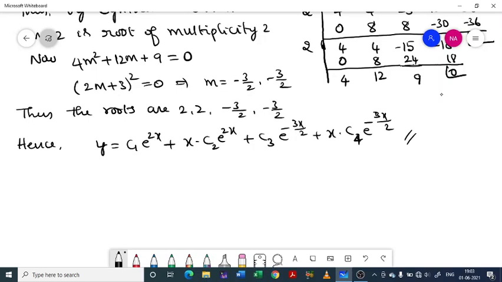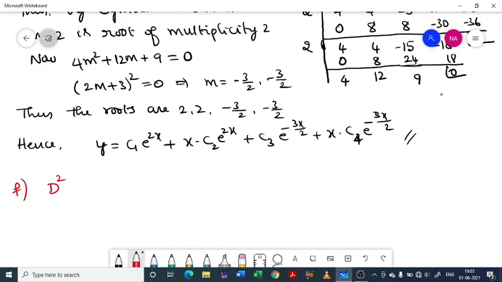So with this we have discussed some important problems on homogeneous equations. There is one more problem. I think this will help you practice how to write the complementary function for the given problem. The problem is very fantastic actually.